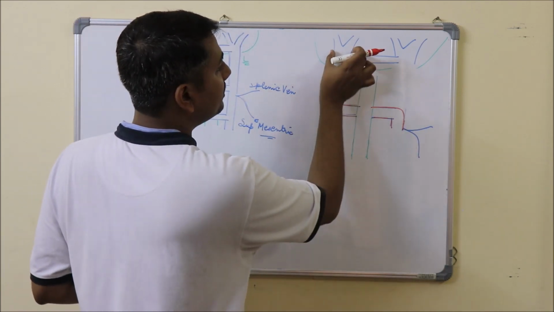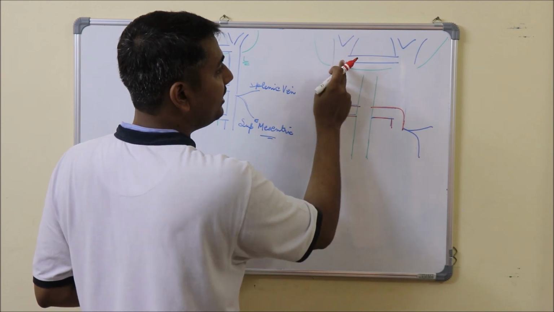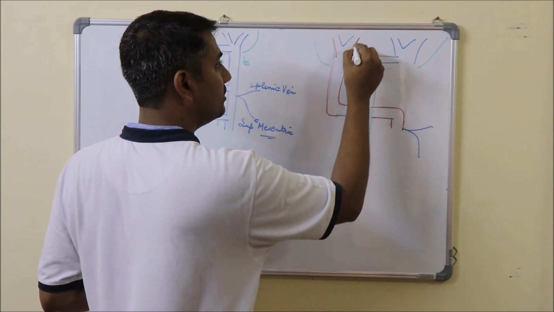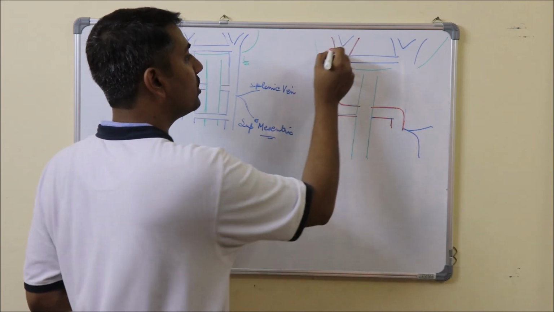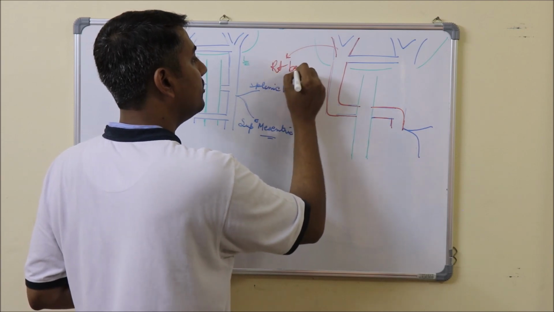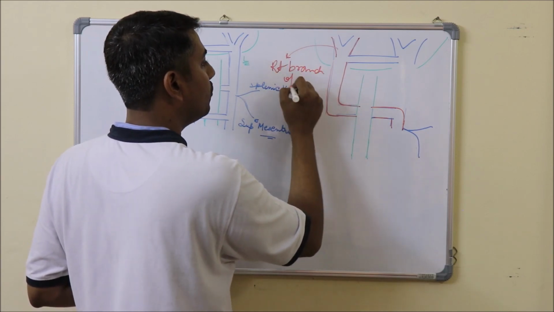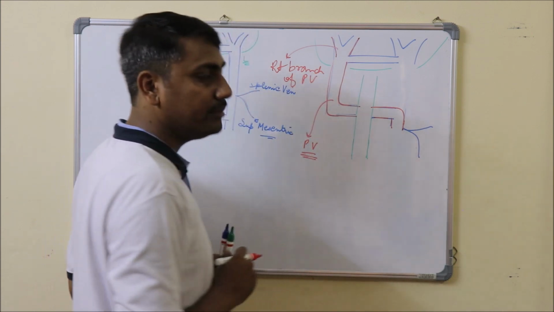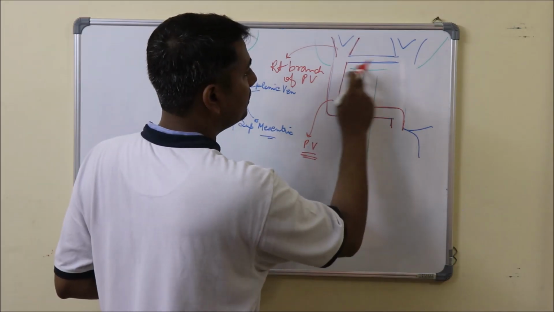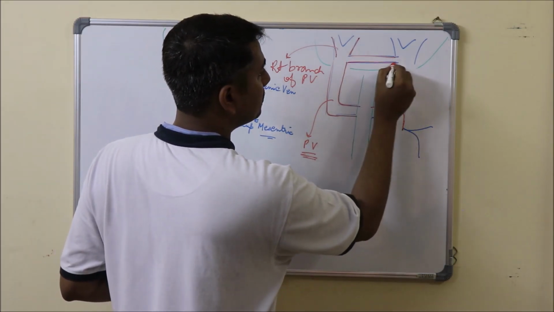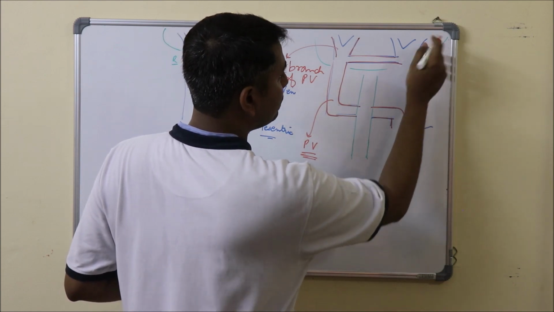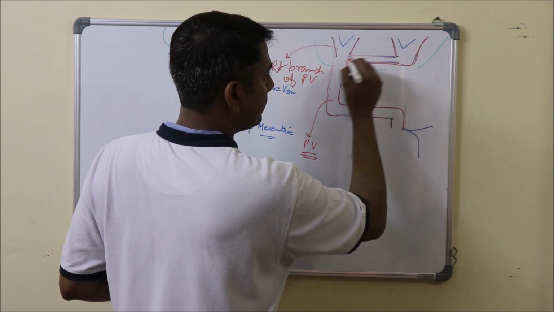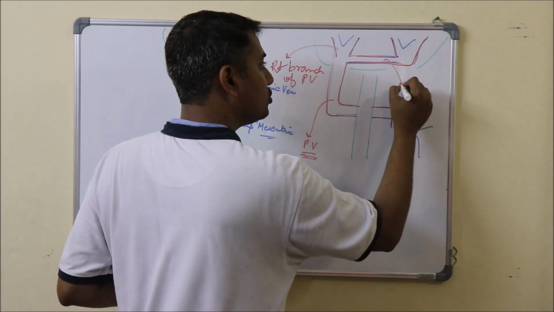Now this part of the right Vitelline vein, cranial to the cranial-most ventral anastomosis, will form the right branch of portal vein. And the cranial-most ventral anastomosis, along with the cranial-most part of the left Vitelline vein, will form the left branch of the portal vein.